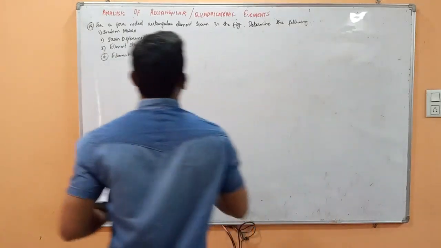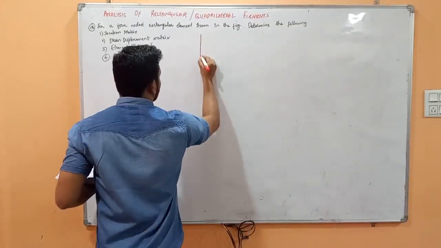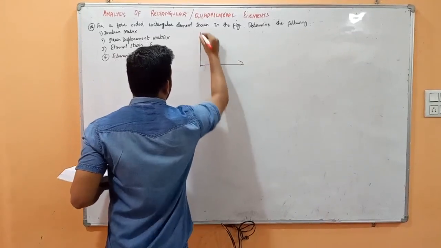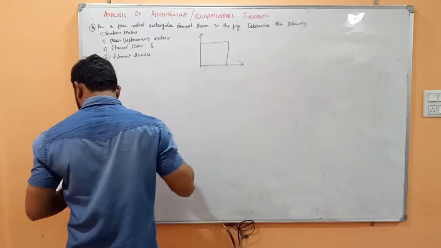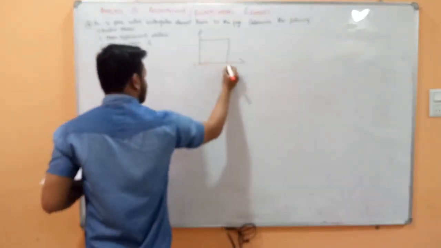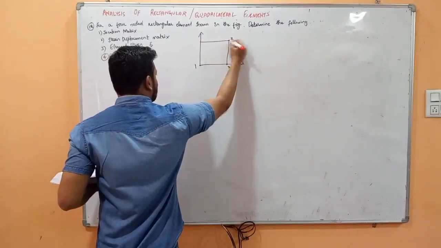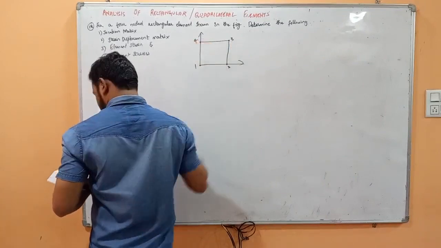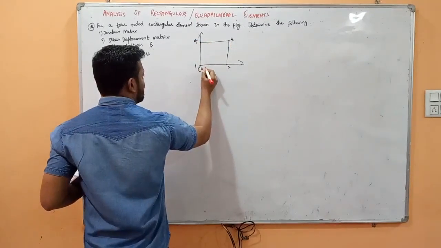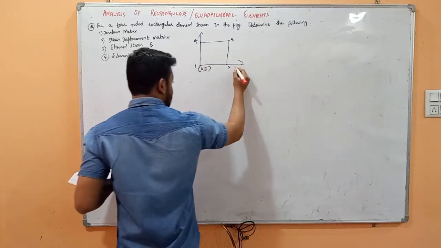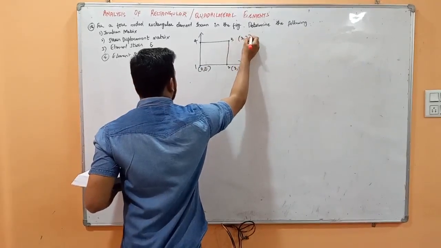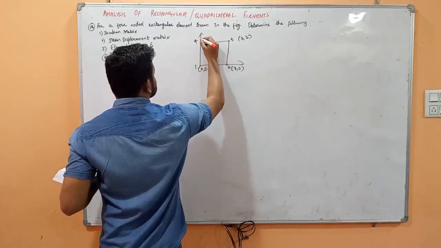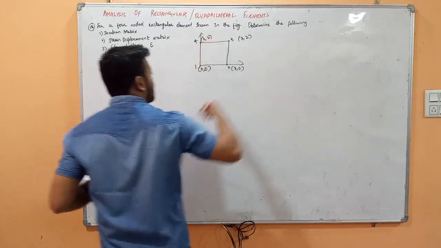So this diagram has been given in the question. So this is a rectangular element. So there are 4 coordinates given, 1, 2, 3, 4. This is given as (0, 0), this is given as (3, 0), this is (3, 2), and this point is (0, 2).